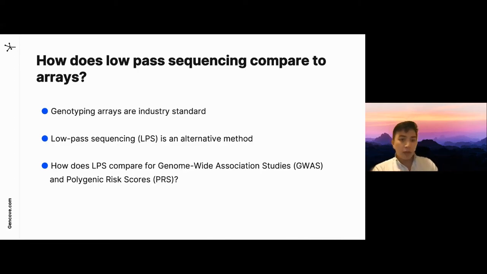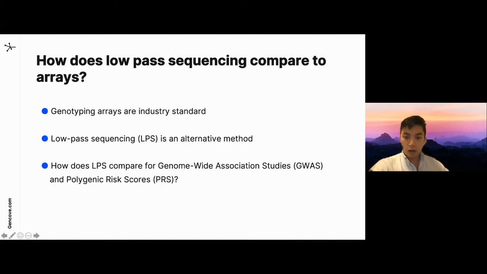However, low-pass sequencing is an alternative method that we've recently championed. This is something that Gencove in particular has been working a lot on recently. Essentially, this is low coverage whole genome sequencing, low coverage meaning under 1x, as an alternative when combined with imputation, a more modern assay for the types of applications that one would normally turn to a genotyping array for.